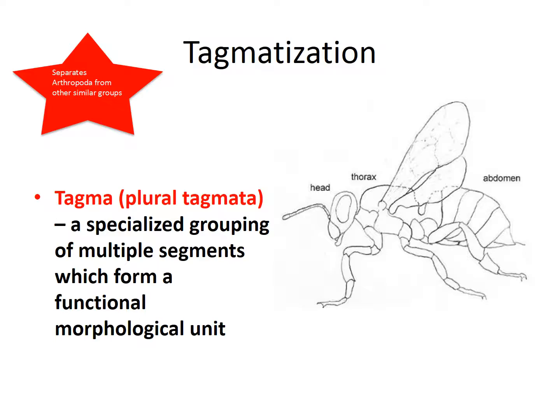And this is just the presence of tagma, or plural, tagmata. And a tagma is simply a specialized grouping of multiple segments which form a functional morphological unit. So for example, the head is a tagma. The head and the thorax and the abdomen are tagmata.